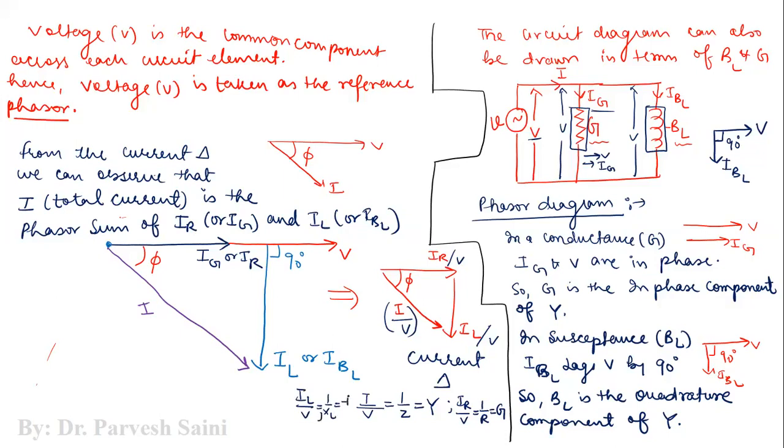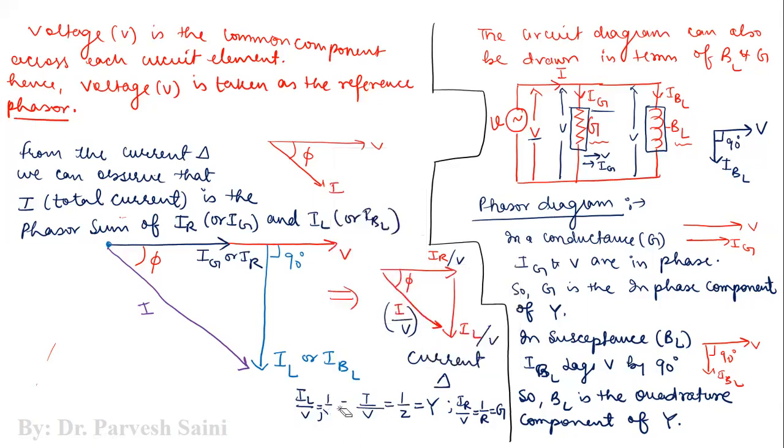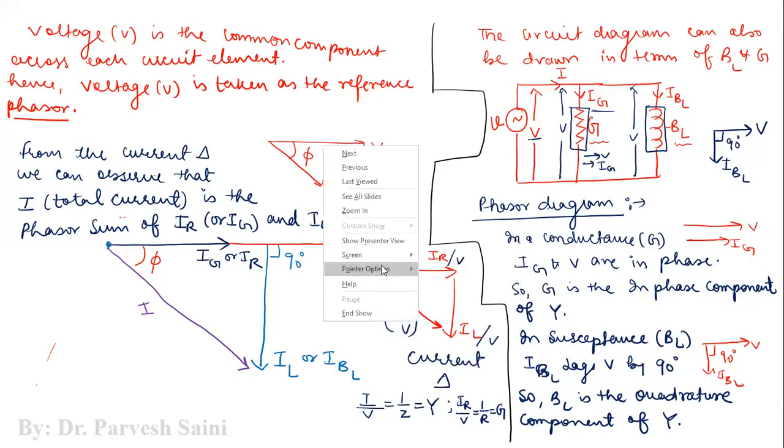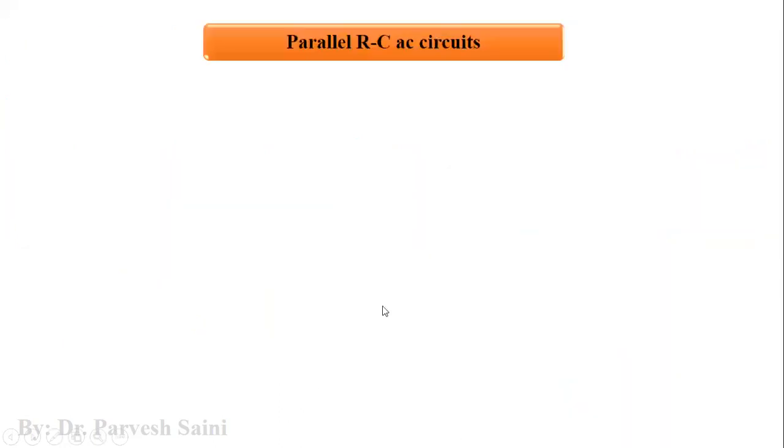So it is equal to minus BL. So I'll make it a little bit clear. This is a little bit messed up here. I'll write it here, right? Sorry.